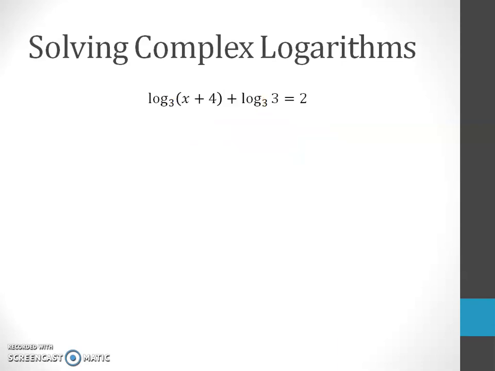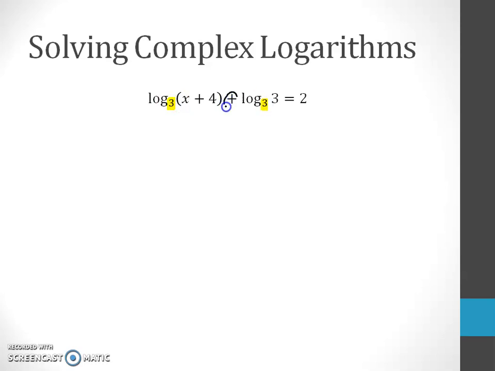All right, now we've got a log base 3 of x plus 4 plus a log base 3 of 3 equals 2. Okay, a couple logs here. Don't forget, we have a rule that if the bases are the same, like they are in this case right here, I can combine those.